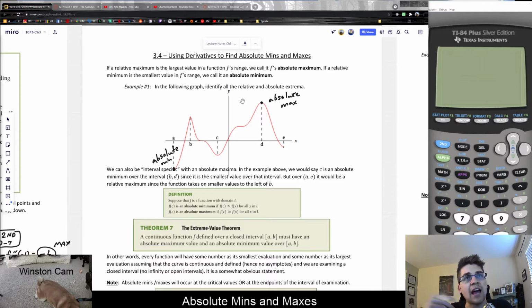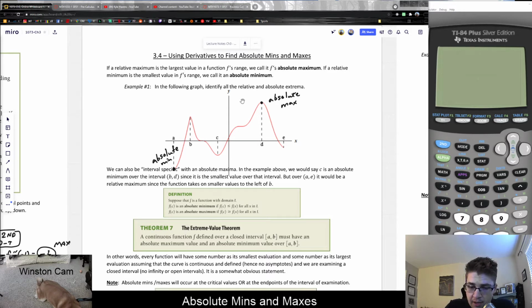Some functions don't have absolute mins and maxes, like if a function were to tend towards infinity. Any polynomial often has an end behavior where it heads towards infinity. So polynomials don't often have absolute mins or maxes. They sometimes have one, but never both. But in the category of random functions, it could have one, it could have both, but it's a unique point.